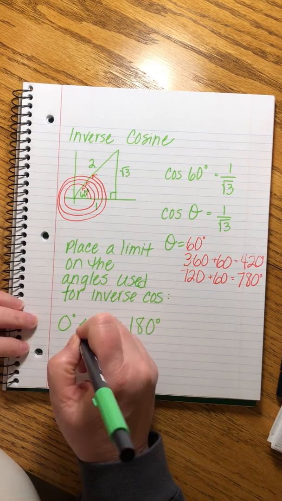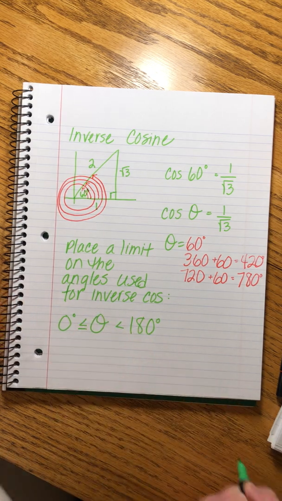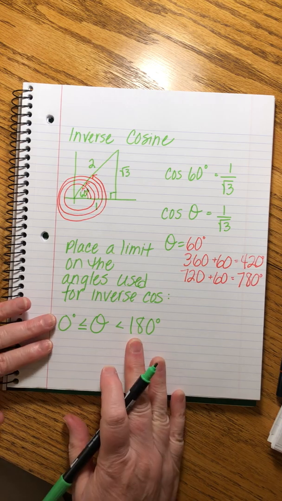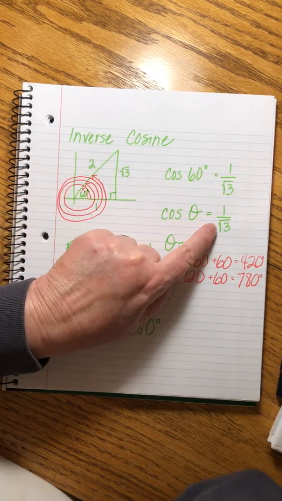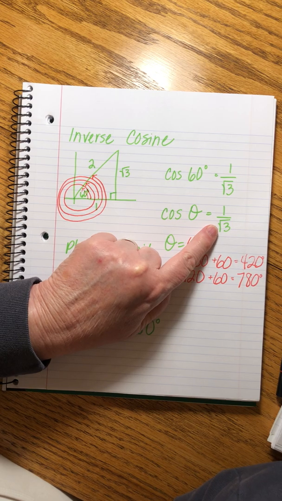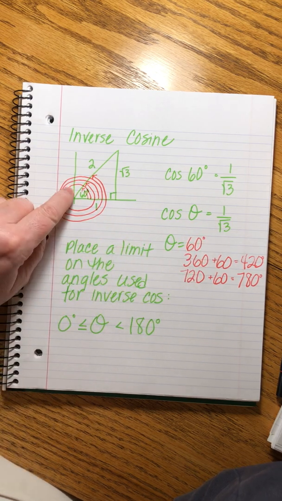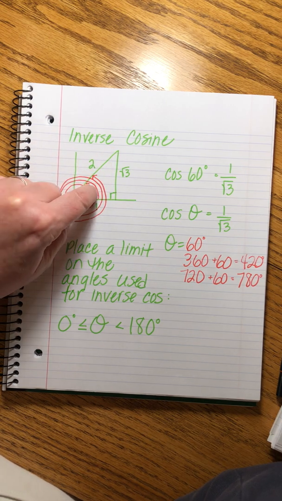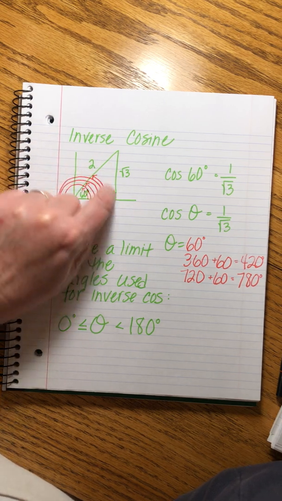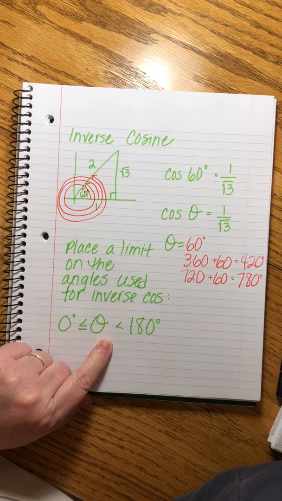I'm quite sure it's like this. Right? So what we're saying is you don't need to spin around finding all the different angles that would have this cosine of 1 over the square root of 3, which would be anything that ends at this 60-degree marker. We're limiting the choices by putting this limit on our inverse cosine calculations.